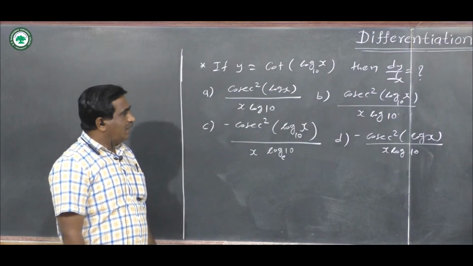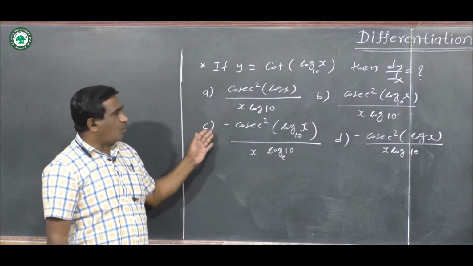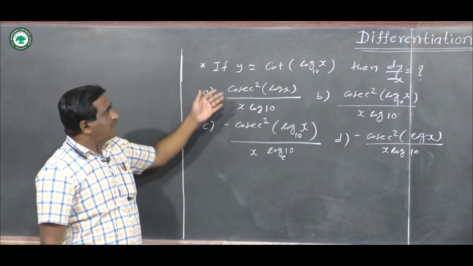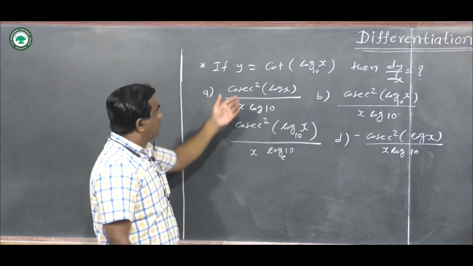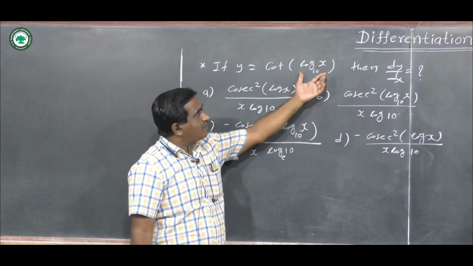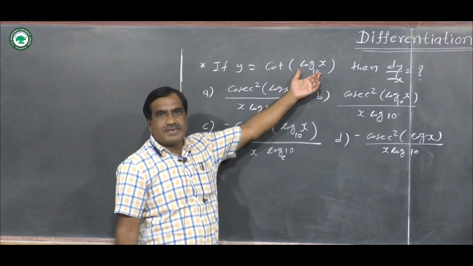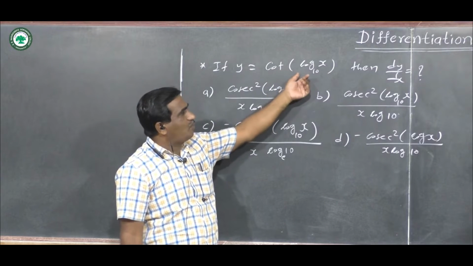Okay. Now we have to choose correct answer here out of these 4 options. Now we have to find derivative for this composite function. Suppose this log x to the base 10 as f of x in mind, then we get cot of f of x.